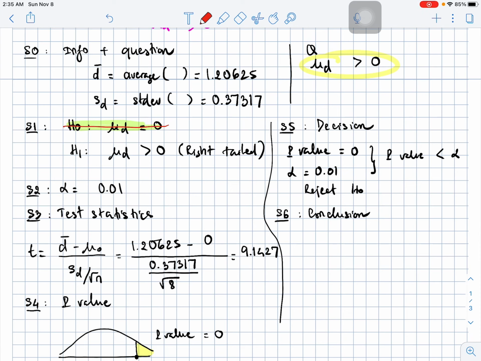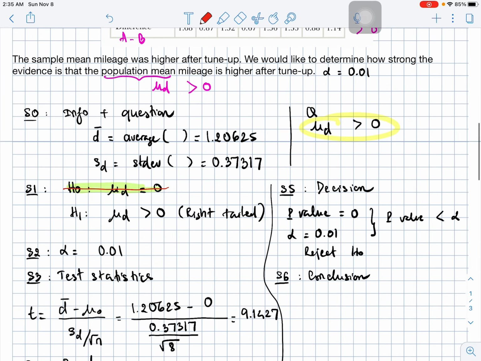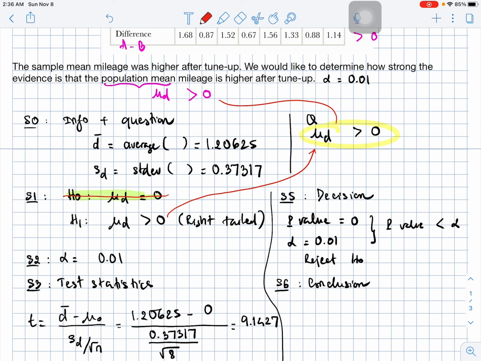So it's gone. So what do we have left? What we have left is mu d, the population mean, greater than 0. So this is exactly what the question is asking. And mu d greater than 0 means that the population mean mileage is higher after tune-up.